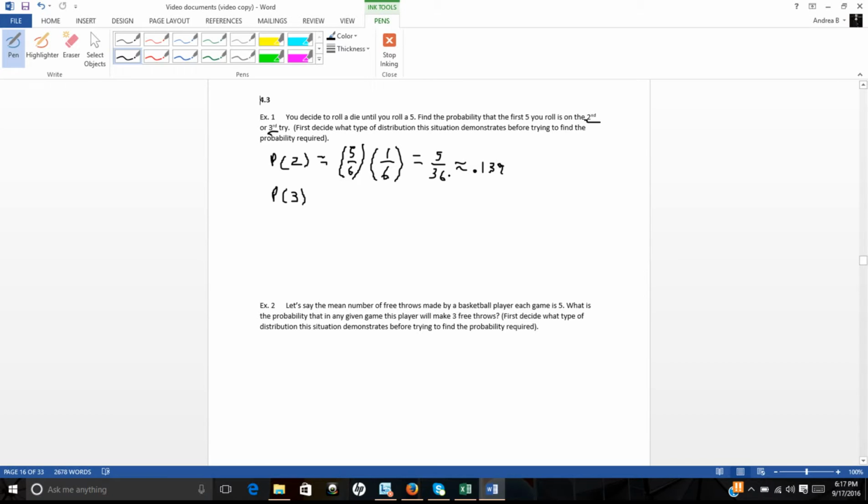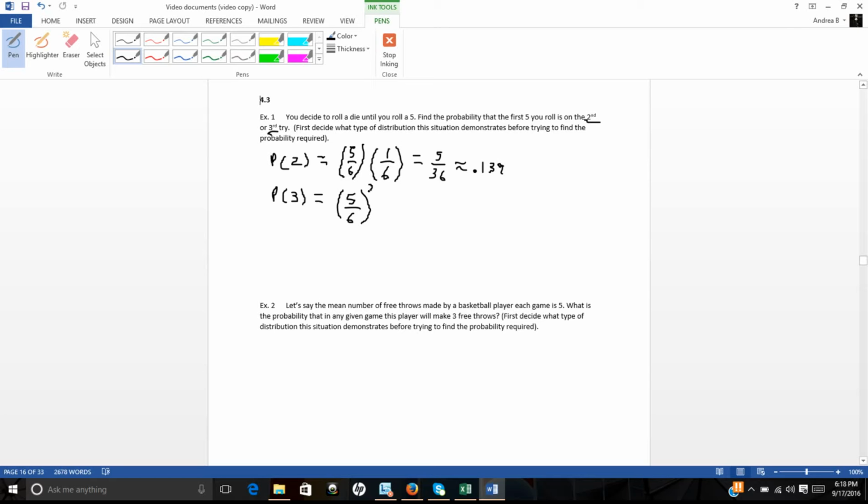And then we can do a similar thing for this other one. If the first 5 is rolled on the third try, that means the first and second tries were failures, so we got something other than a 5. Once again, the probability of failure here is 5/6. Remember, to find a failure, you do 1 minus the probability of success.